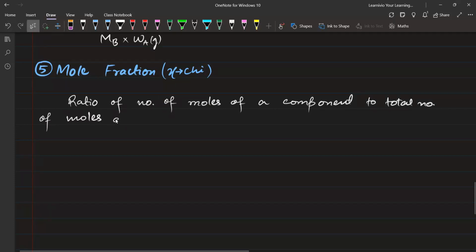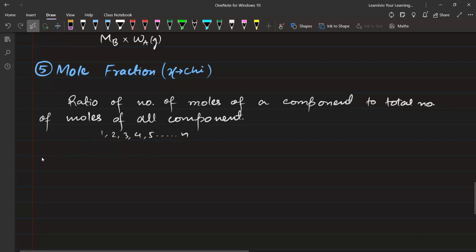Total number of moles of all components. Fine. So let us suppose I have a hypothetical solution in which I have 1, 2, 3, 4, 5, n components.